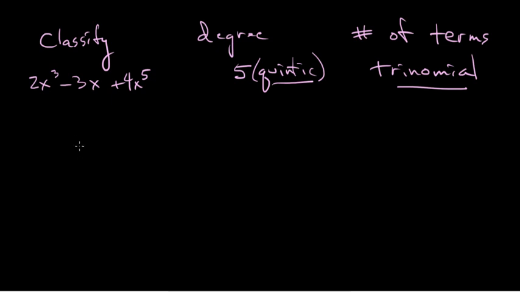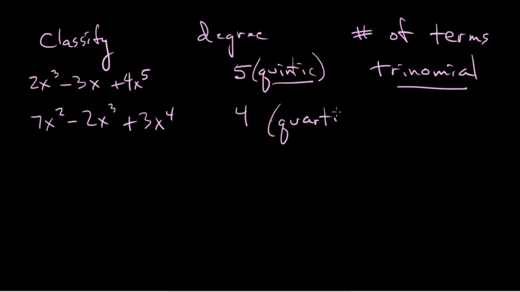Okay? What about 7x squared minus 2x to the third plus 3x to the fourth? Aha! 4th degree, so it's a quartic, and it is also a trinomial. Okay, so that's real simple.